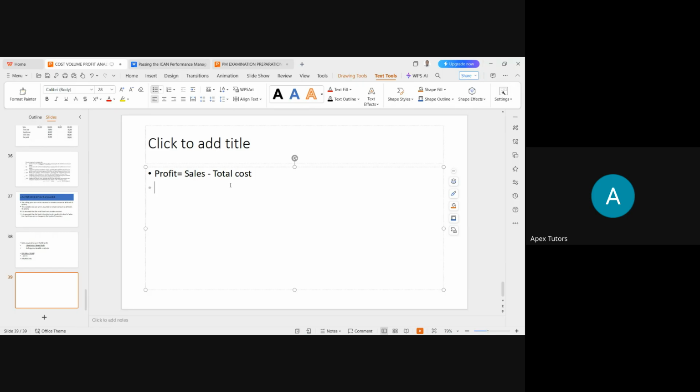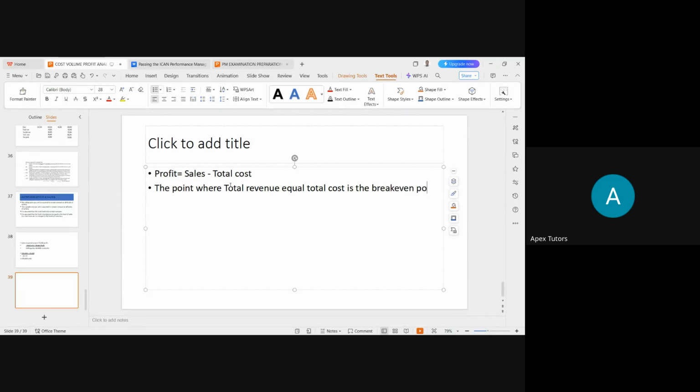In another way, where your sales can be termed as revenue, that is total revenue, let me put it this way, the point where total revenue equals total cost is the break-even point.